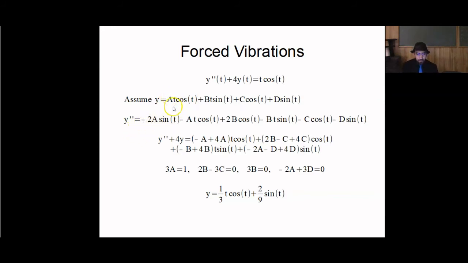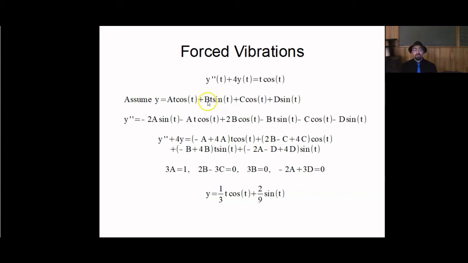Then I add at times second derivative of cosine t. Second derivative of cosine t is negative cosine t. So I have minus at cosine t. Now I do the analogous thing for bt sine t. Second derivative of bt is just 0, just like before.